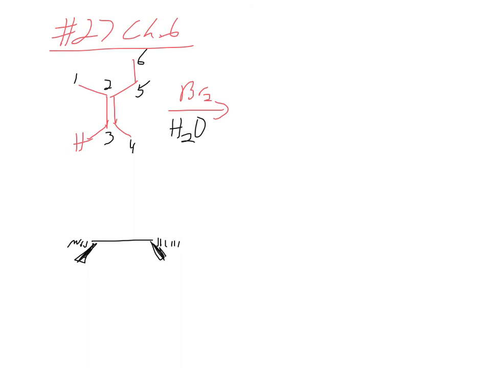I will arbitrarily choose carbon 1 and H to be wedged. I just know if 1 is wedged, then H better be wedged too. So let's just say that's 1. That means that's 2, 3. And then this right here is going to be H.